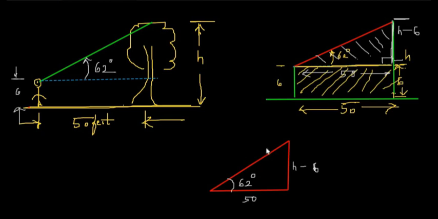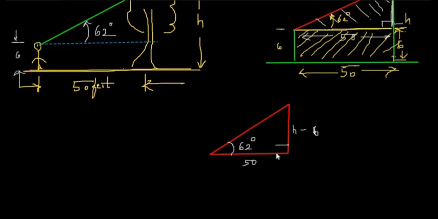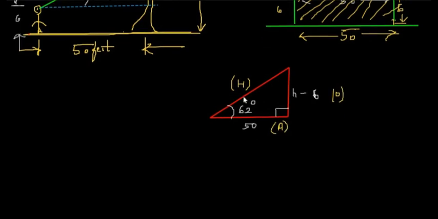Now, since this is a right angle triangle, we will start by marking the hypotenuse. This is the hypotenuse, this is the opposite, and this is the adjacent. And here, since the hypotenuse is not there, do not use sine and cosine. We can directly use the tan.